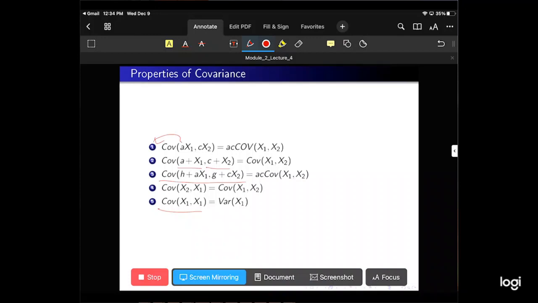We can write this out as, if we take the covariance of X1 and X1, it is equal to the expected value of X1 minus its mean times X1 minus its mean, which is equal to the expected value of X1 minus its mean squared, which is equal to sigma squared X, or in other words, the variance of X.